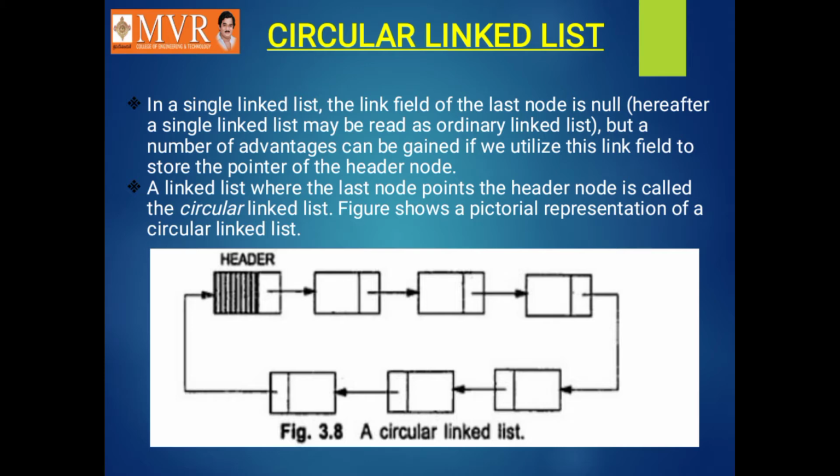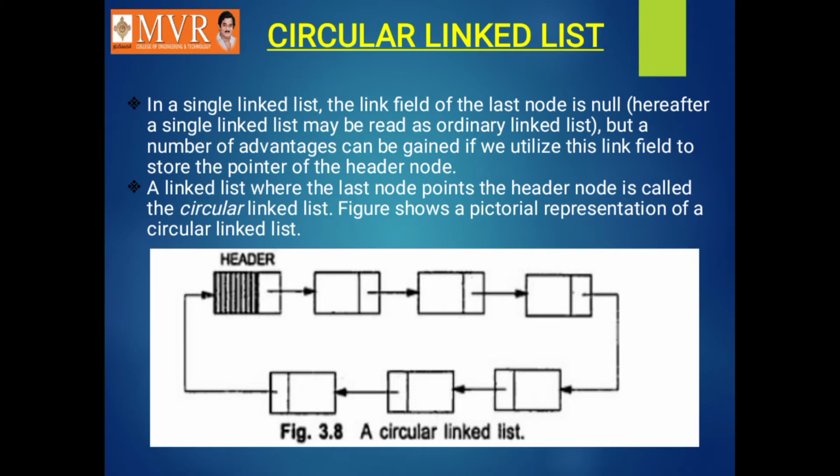Here is a pictorial representation of a circular linked list. In this, as you know, the header node is present and this will be the first node of the linked list. The header node contains only the link part. It does not contain any data part.